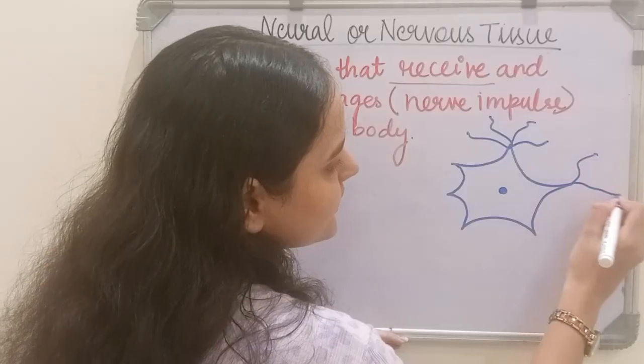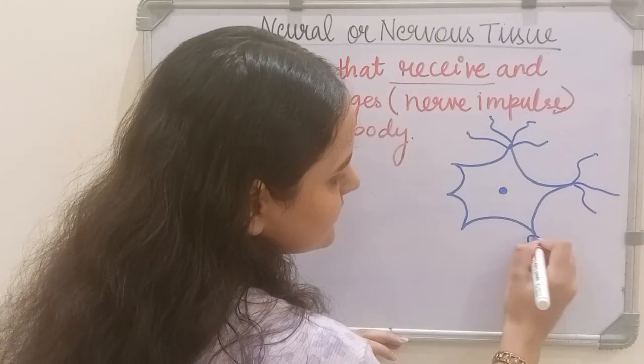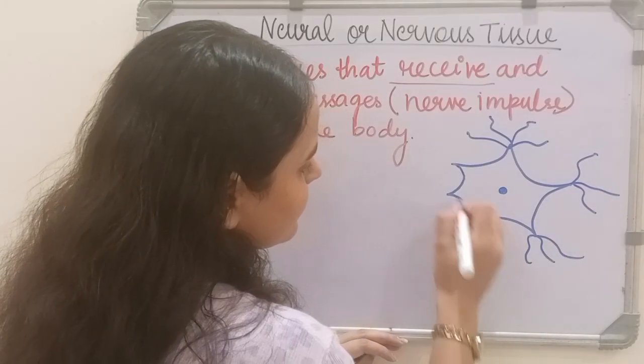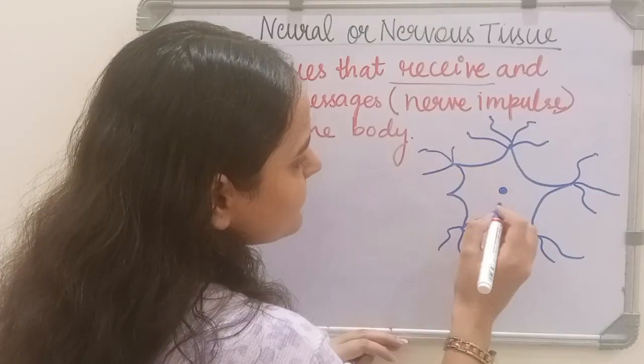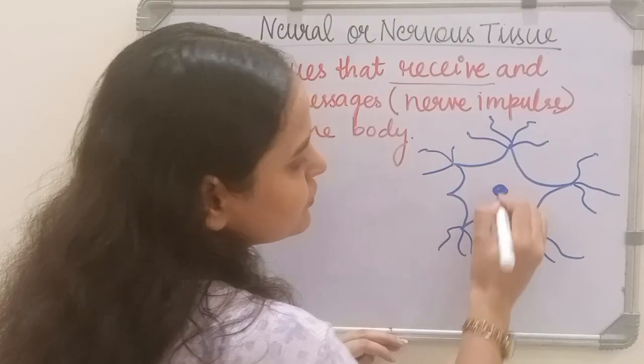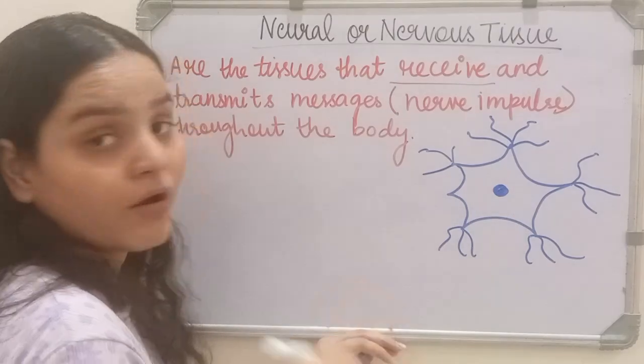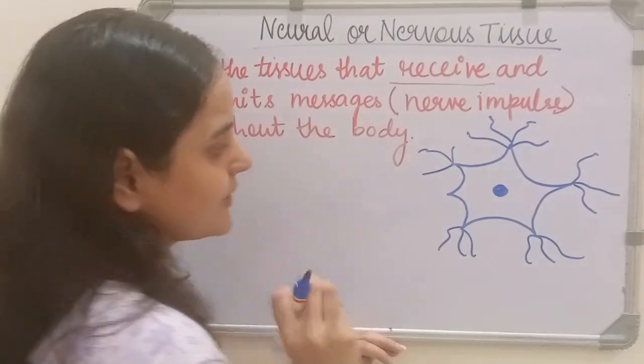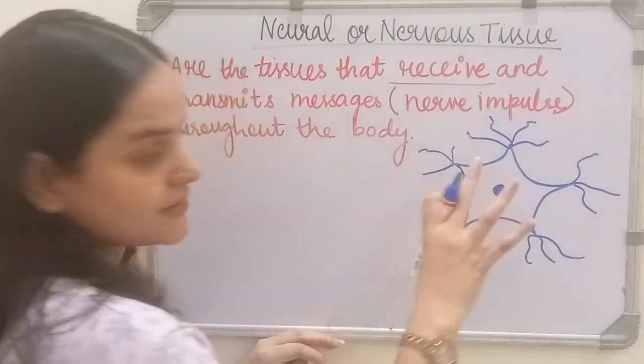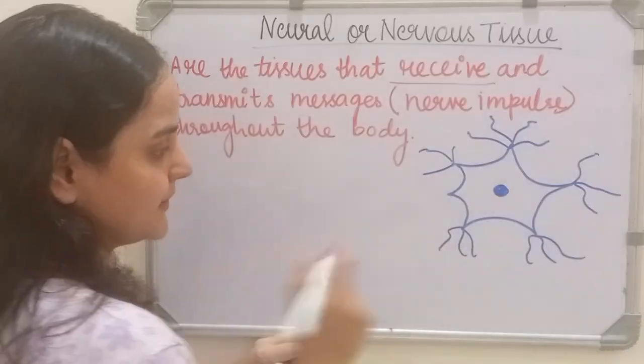So these hair-like projections are dendrites. Okay, this is the nucleus and this empty space is the cyton or perikaryon. Okay, so let's first draw the whole diagram, then we will do the labeling.